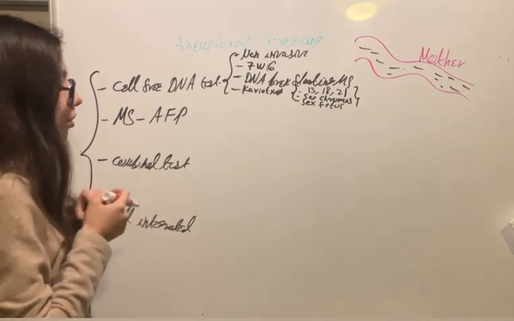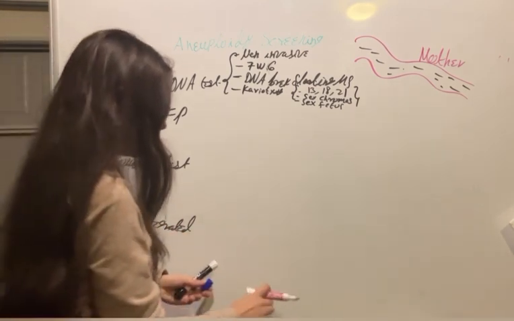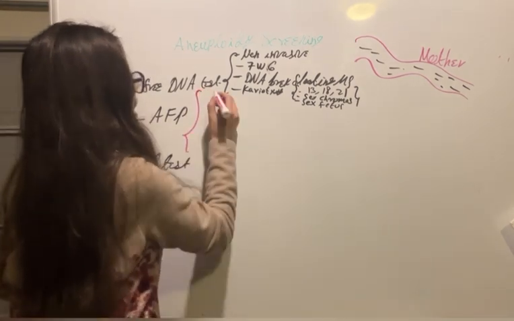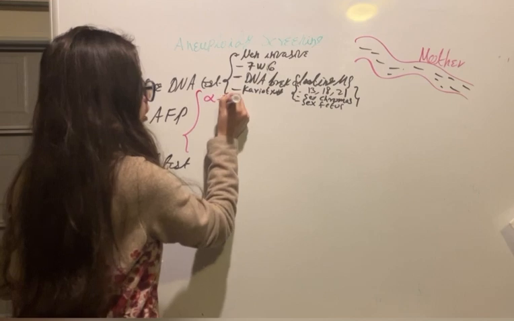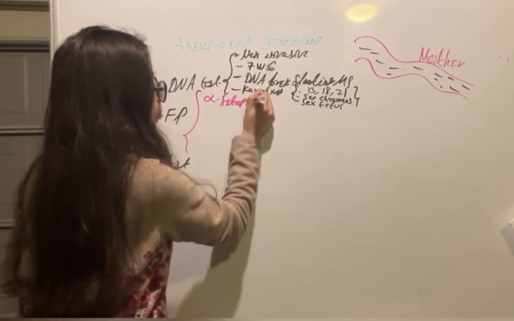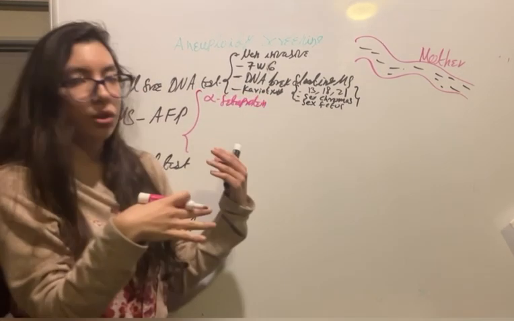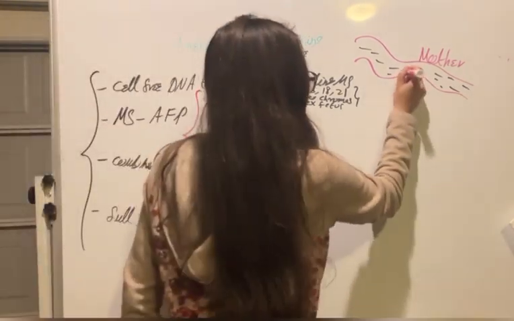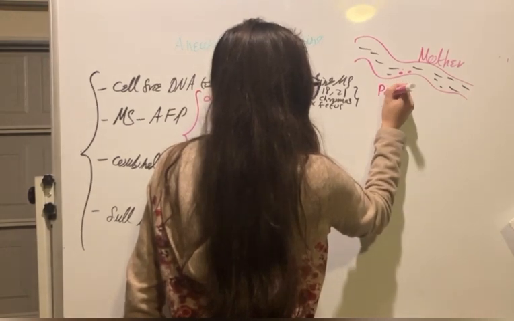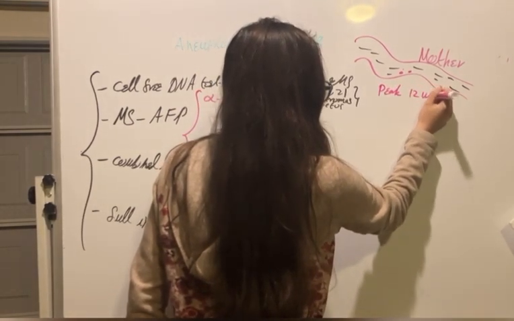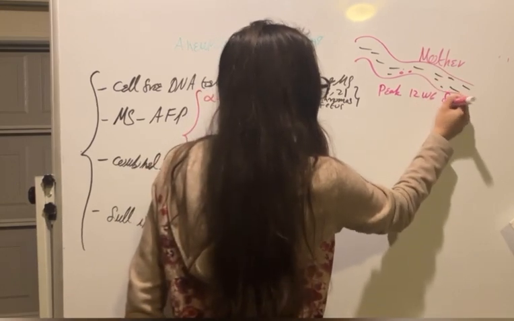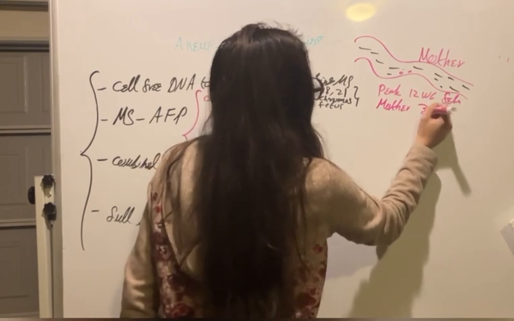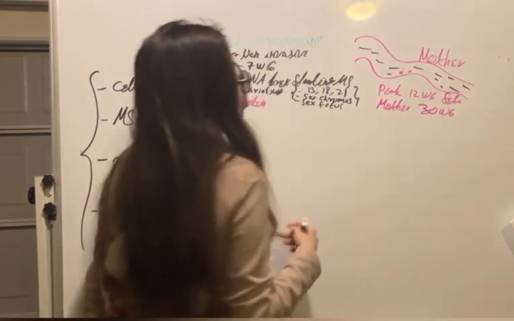The maternal serum alpha fetoprotein. The fetus is producing alpha fetoprotein, and this enters the mother's bloodstream. Alpha fetoprotein peaks at 12-week gestation in the fetus, but in the mother the peak is at 30-week gestation.